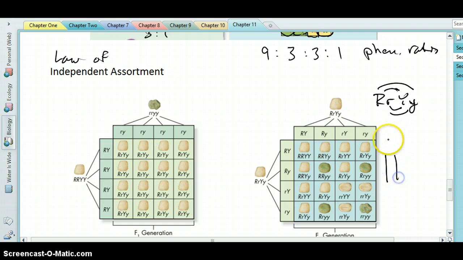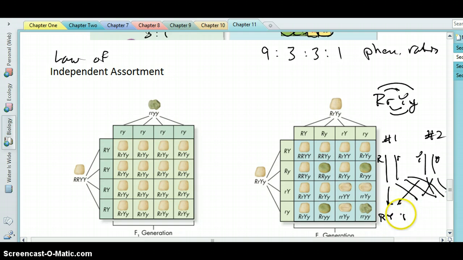Well, it's because these two traits are essentially on different chromosomes. And so when you make gametes, again, you're going to get all possible combinations: big R with big Y, little r with big Y, and little r with little y. They are sorting independently of each other because they are on separate chromosomes.